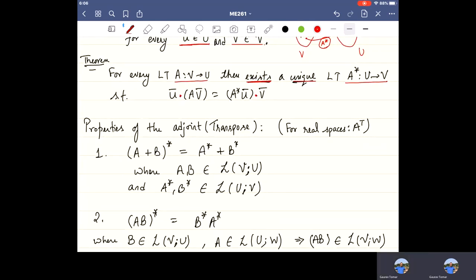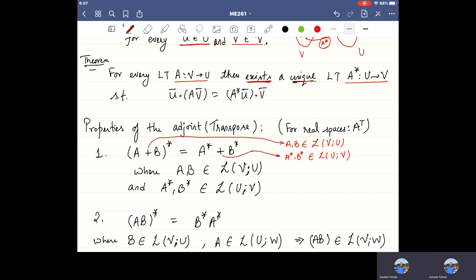So if you have two transformations, A and B, they belong to the set of mappings from V to U, and A star and B star belong to the set of mappings from U to V. So this addition is in this space and this addition is in this vector space.